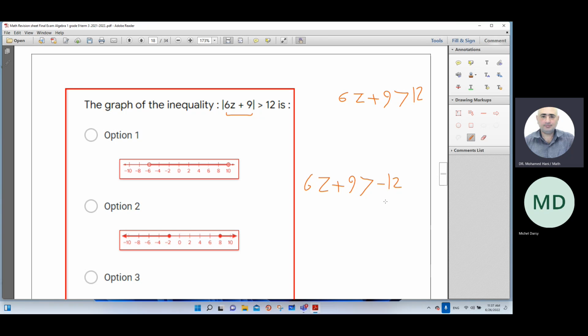Then you can solve the inequality here. You can remove 9 from both sides, so negative 9, negative 9. So 6z greater than 3. 12 minus 9 will be 3. Then divide both sides by 6, so z greater than one half.